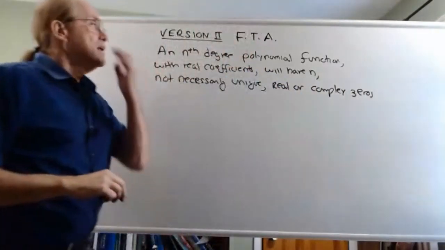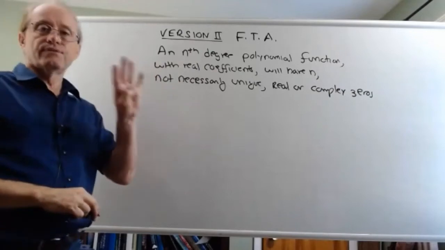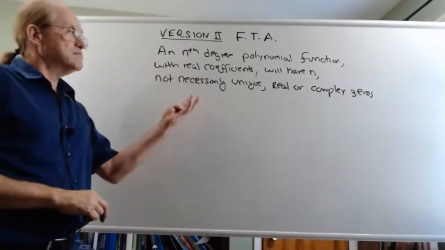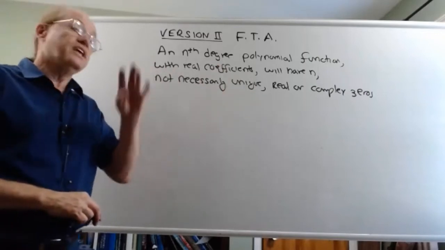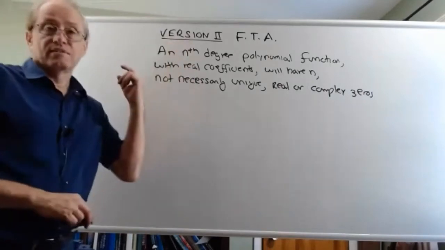So what does that mean? Say I have a 4th degree polynomial. I know at the outset I'm looking for 4 zeros. Now they could be real, complex, but there's 4 of them. They could be repeated. Meaning maybe I only have 1 unique zero.